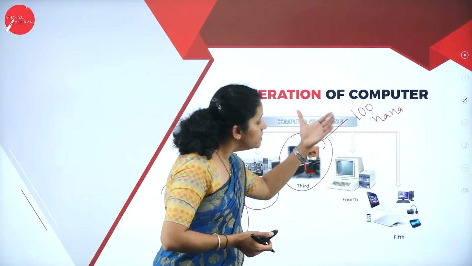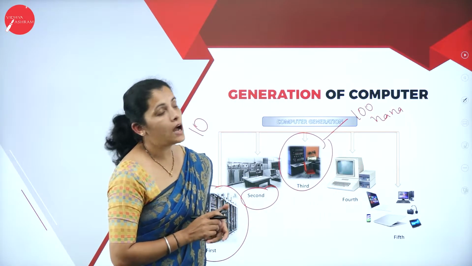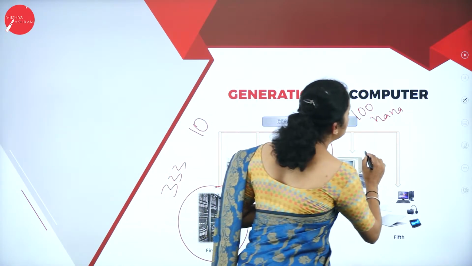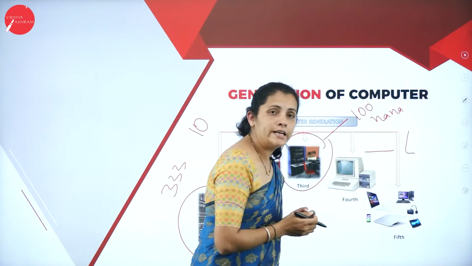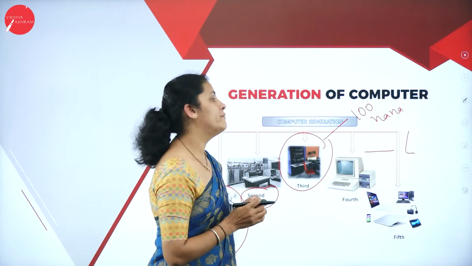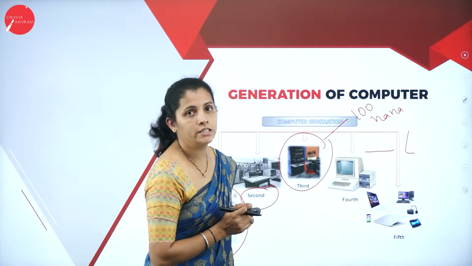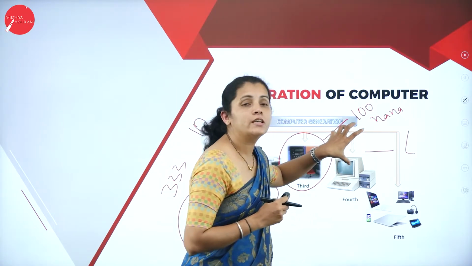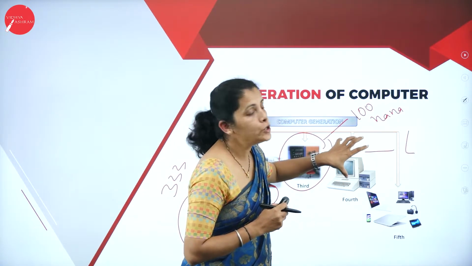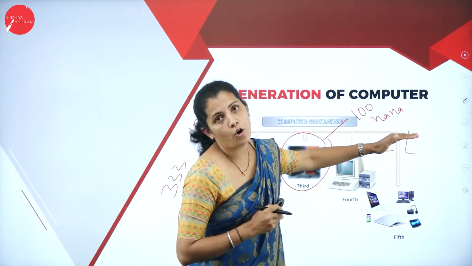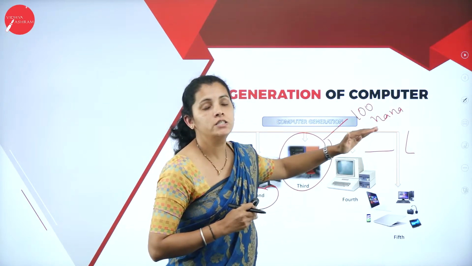Then we are going to have fourth generation computer. Here the fourth generation computers are made using large scale integrated chips or very large scale integrated chips. In this generation, computer systems use time sharing operating system as well as GUI.